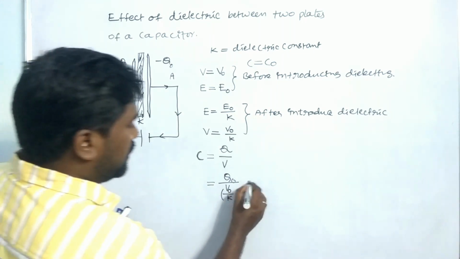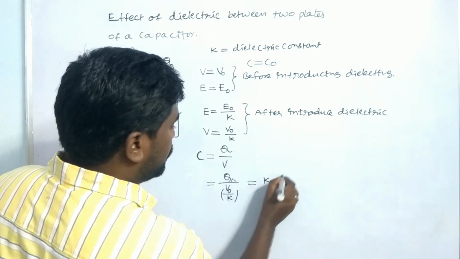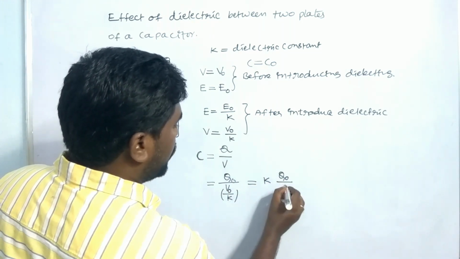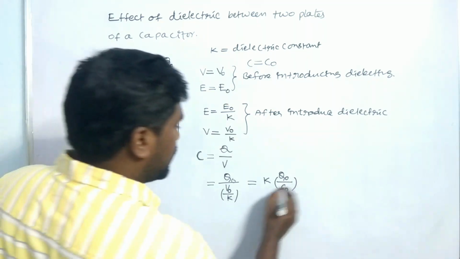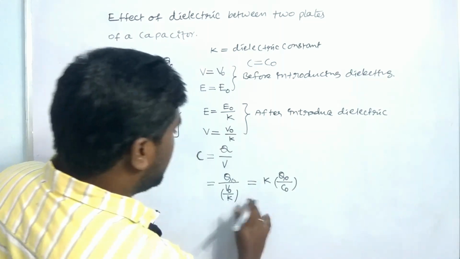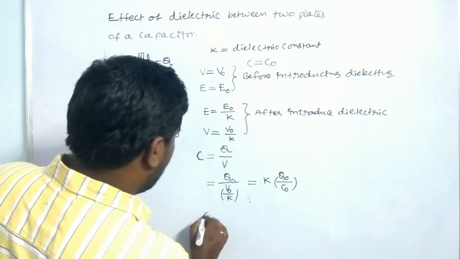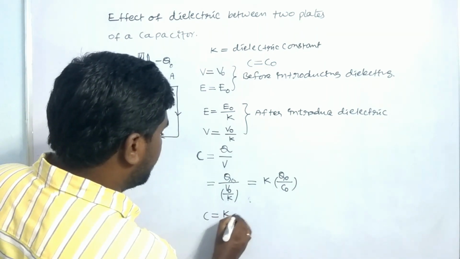From this you can write that it is equal to K into Q naught by V naught. Q naught by V naught is nothing but C naught. Therefore, C is equal to K into C naught.